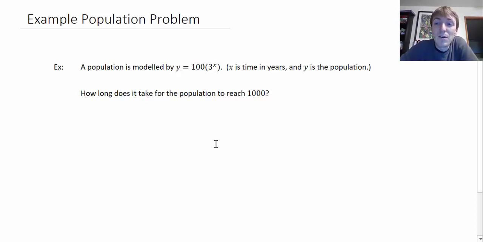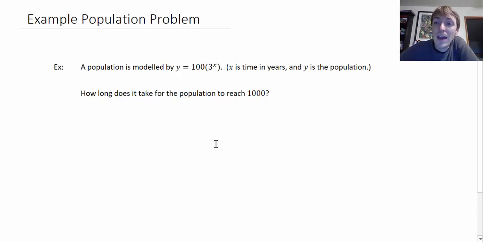So it's an unrealistically simple exponential function, but a good example of this type of problem. As before, x is going to be time in years, and y will be the population. So I can ask a pretty simple question: how long does it take for this population to reach 1,000?